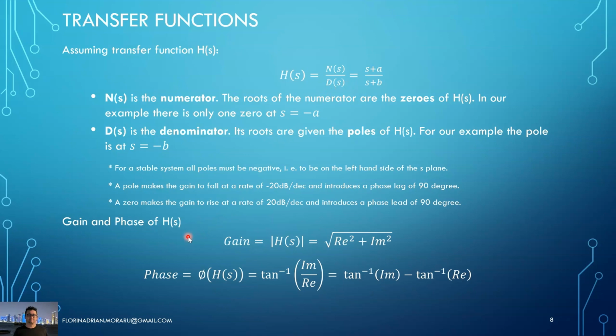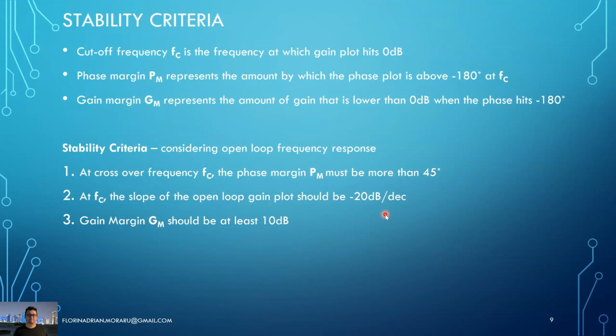For this reason, we need to compute the gain and the phase. The gain is simply the modulus of H(s), which is the square root of the squared real part plus the squared imaginary part, and the phase is simply the arctangent of the imaginary part over the real part. We will also need to discuss some stability criteria.